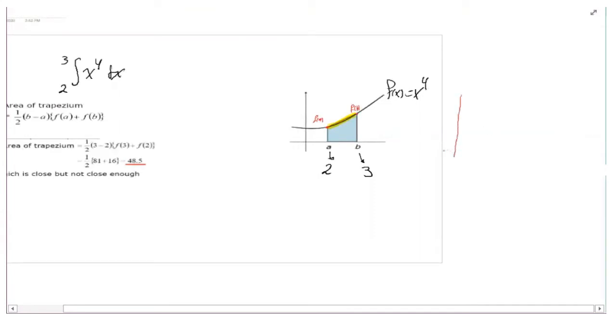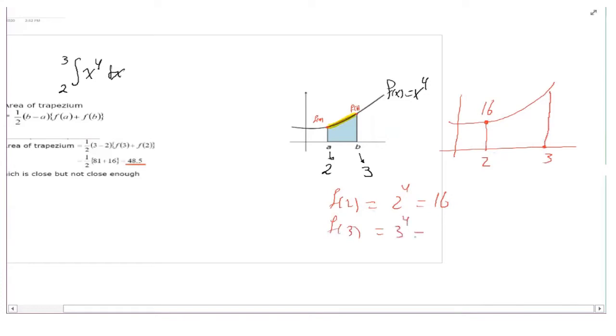So at the point 2, f of 2 is equal to 2 to the power 4, which is equal 16. So this point is 16. And this point at 3 is f of 3, which is 3 to the power 4, which is 81.